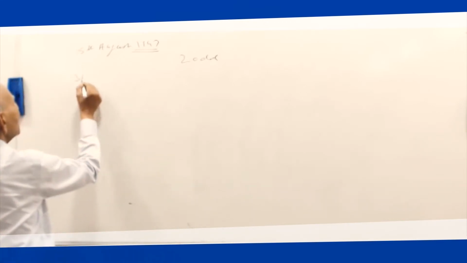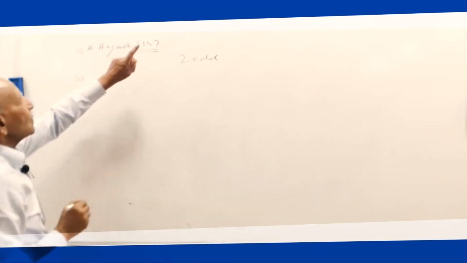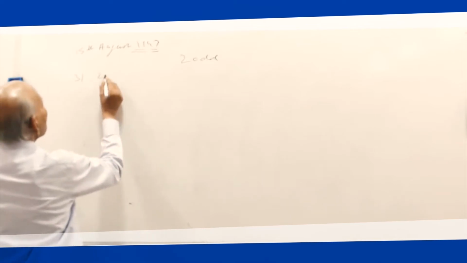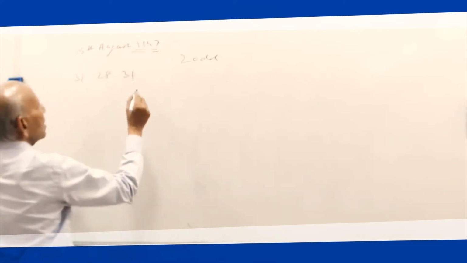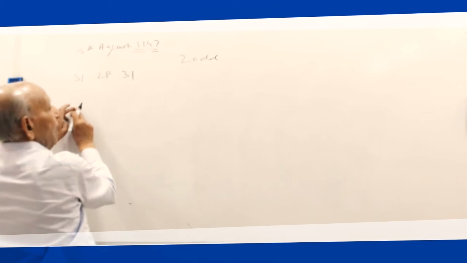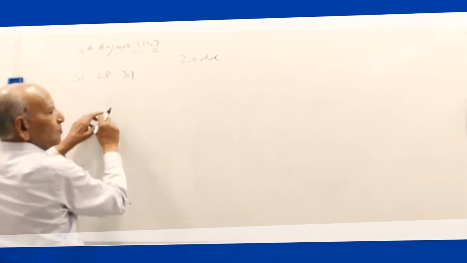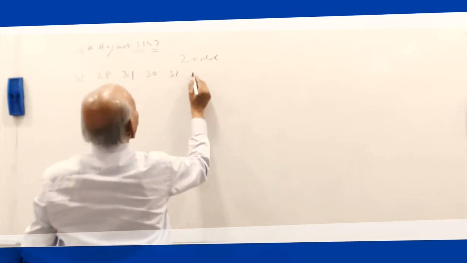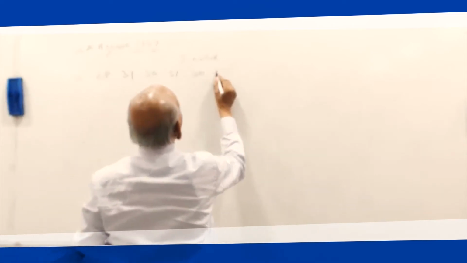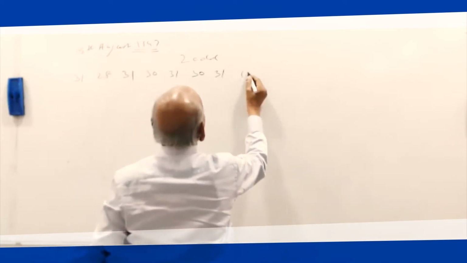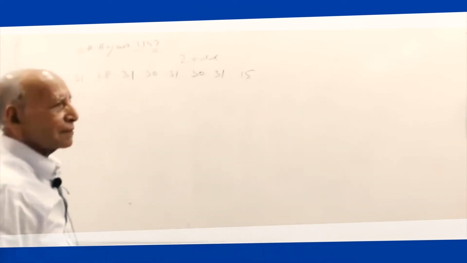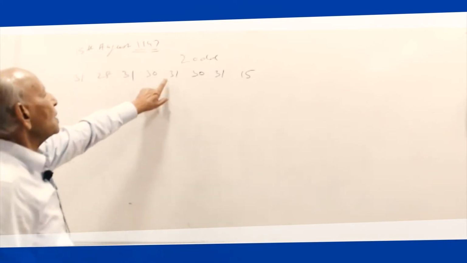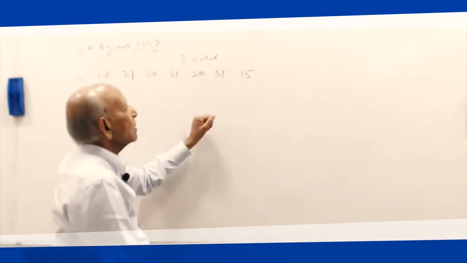So here is January. You can write January. February, take care of February. So 1947 is a non-leap year, so 28. So here's March. You can write the month if you want to, so be clear. So here is April, this is May, this is June, this is July, and here is August, 15th of August. Count the days.